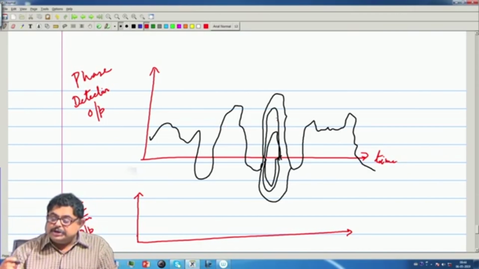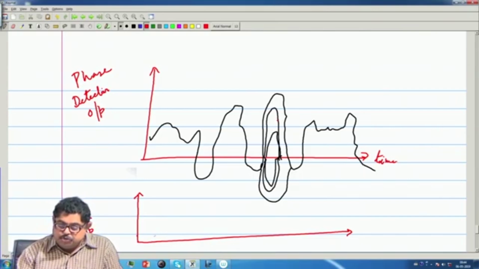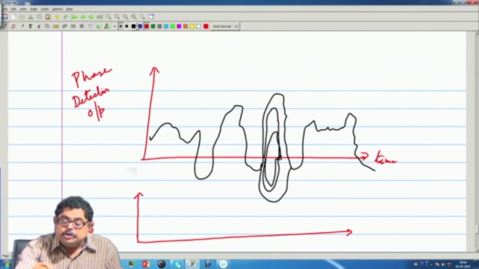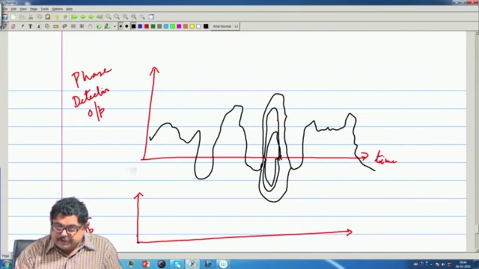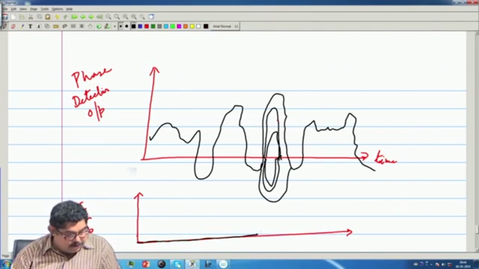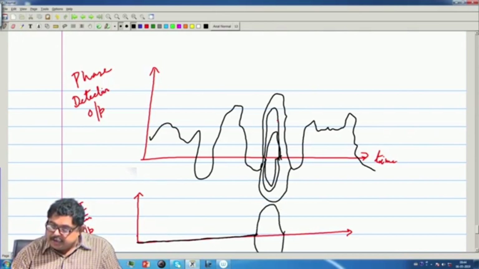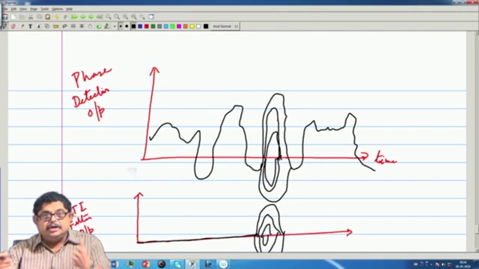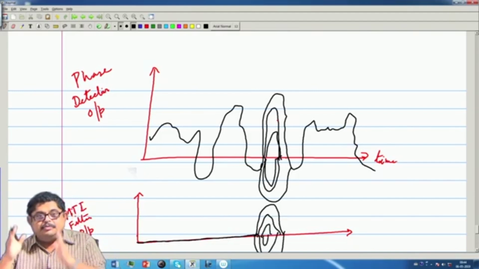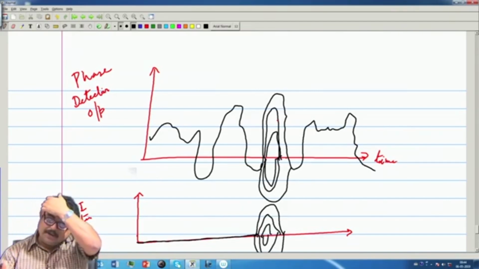So, you see this is the moving target, these are all clutters. So, MTI output will look something like this, that only here it will give you an indication that there is a target. This is actually various pulses, with time you are seeing various pulse things are superimposed.